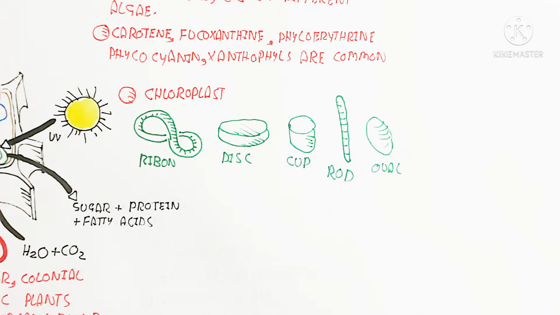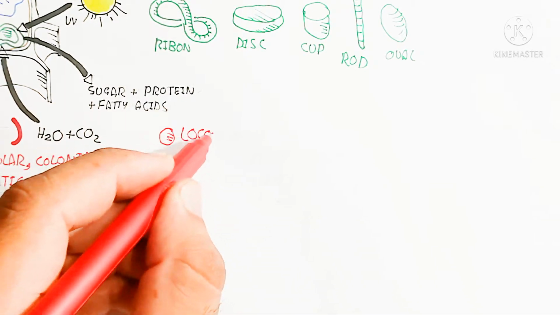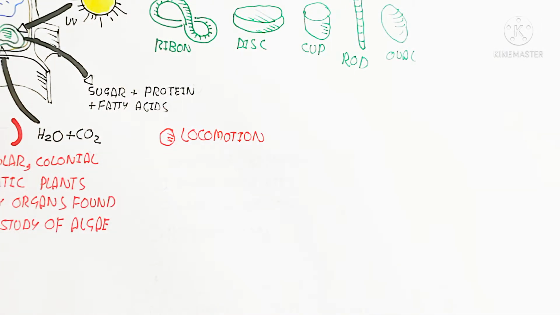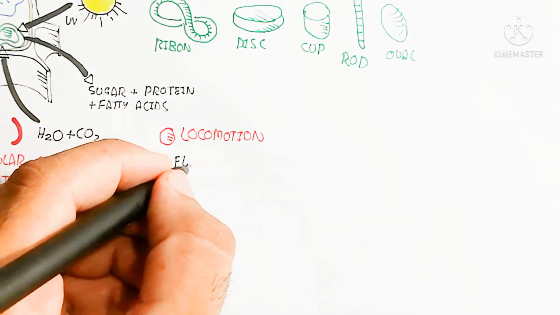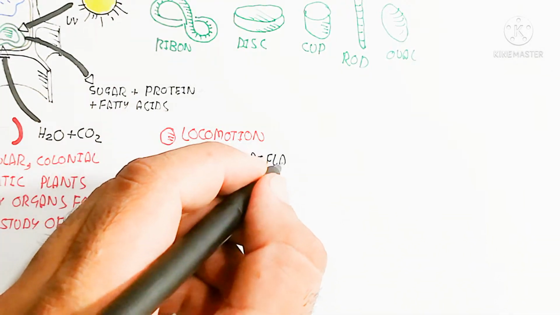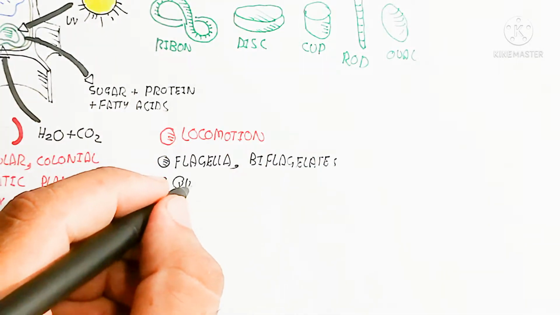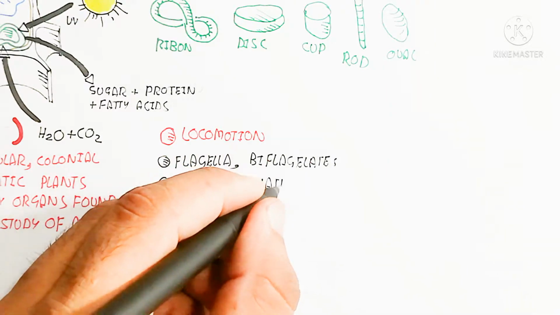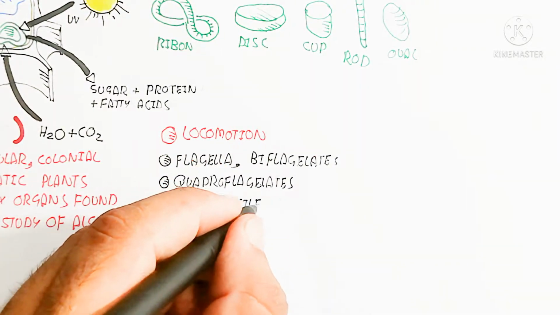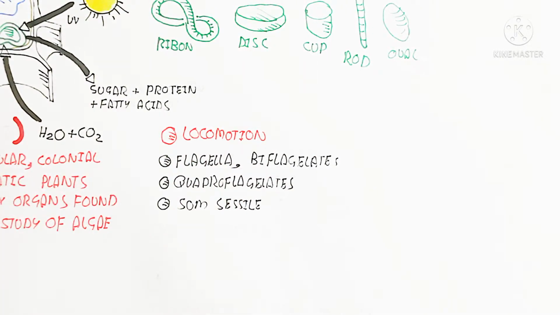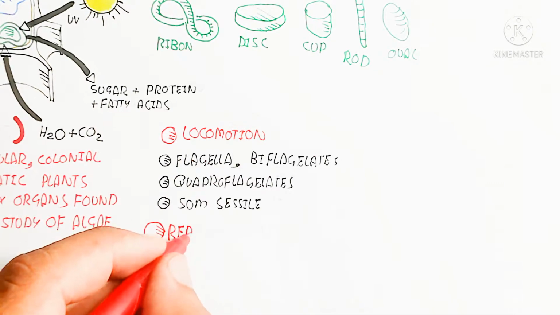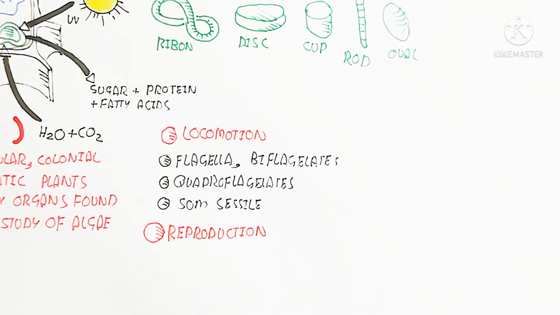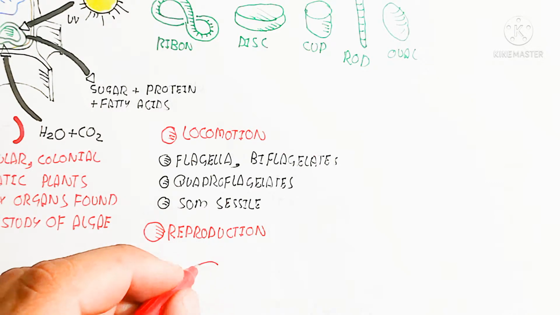Carotene shows a red or orange color, and fucoxanthin is another color, phycoerythrin is a total red color, and phycocyanin is basically blue color, and xanthophylls are common. So the chloroplast, if we talk about its structure in the different plant-like protists, is ribbon-like, disc-like, cup-like, rod-like, and oval.